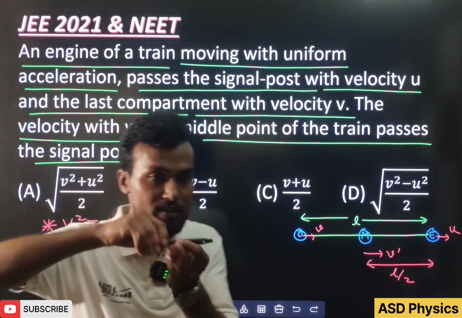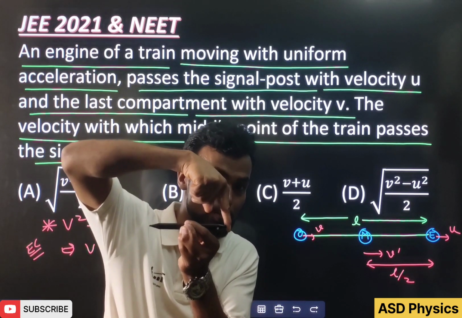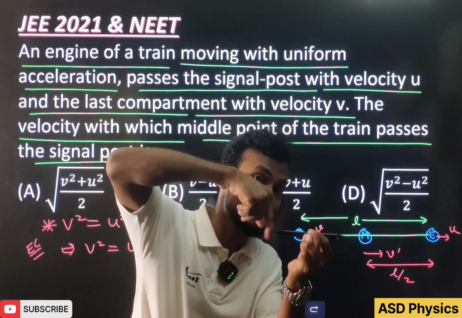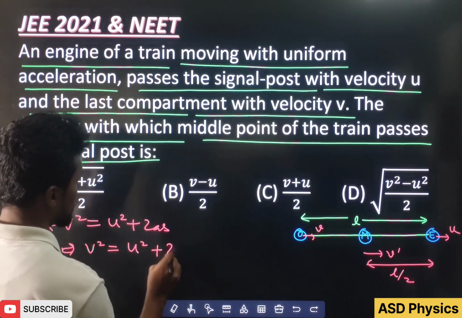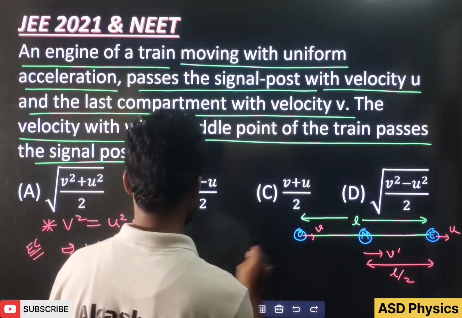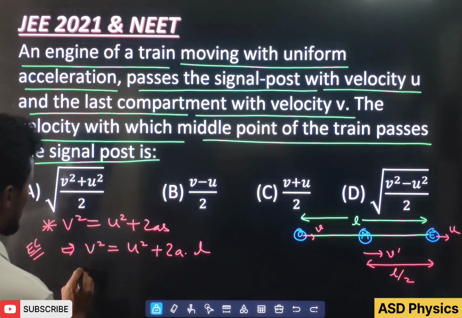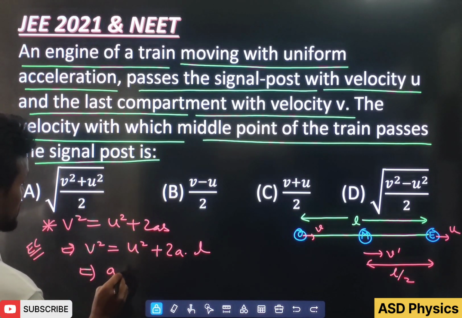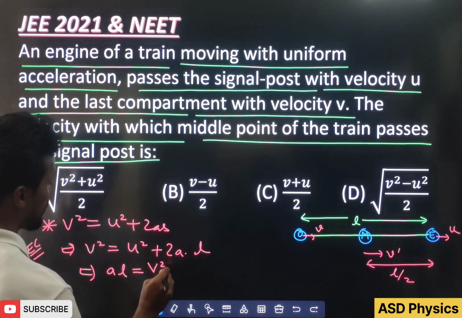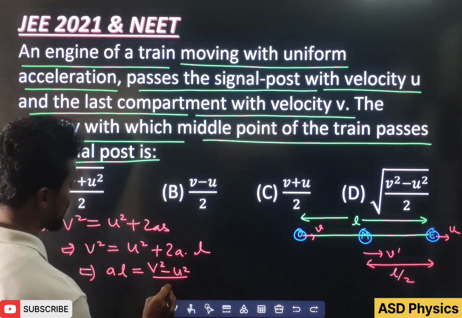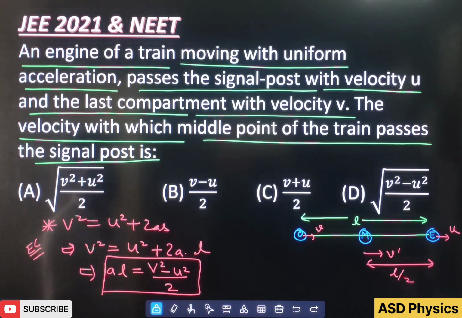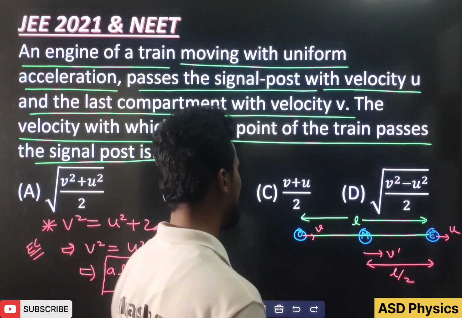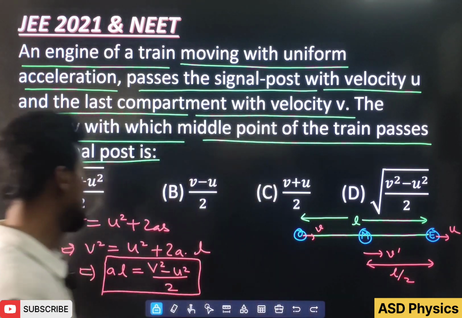The engine passes with U and the backside with V. So V square equal to U square plus 2A, and the distance is L. So we can write AL equal to V square minus U square by 2. This we have used for engine to compartment. Can you see very well?